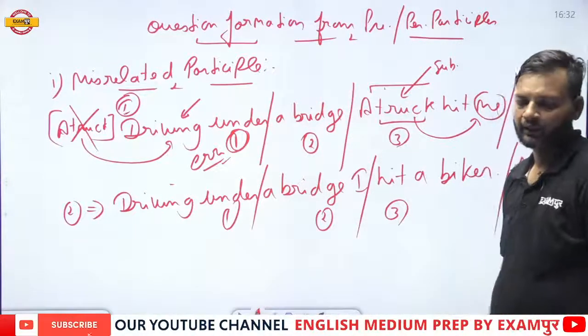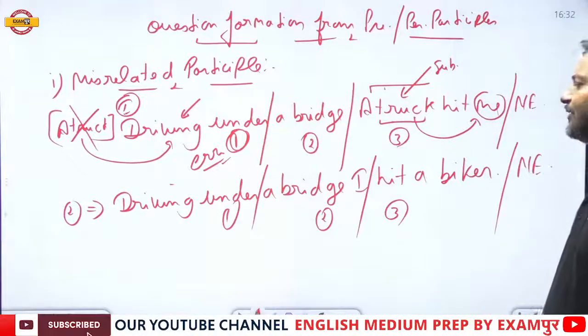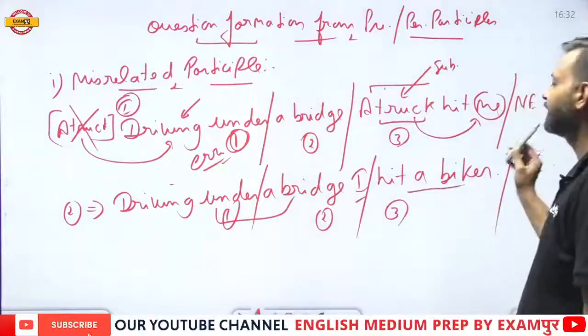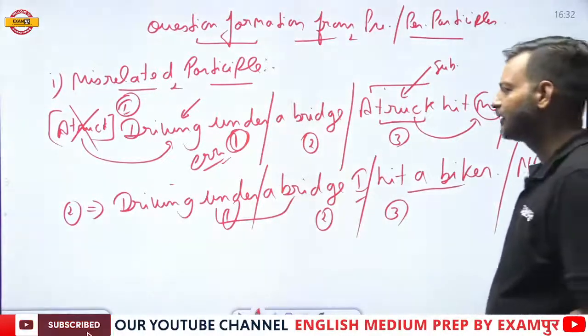But in the second sentence, driving under a bridge, I hit a biker. And who was driving under a bridge?